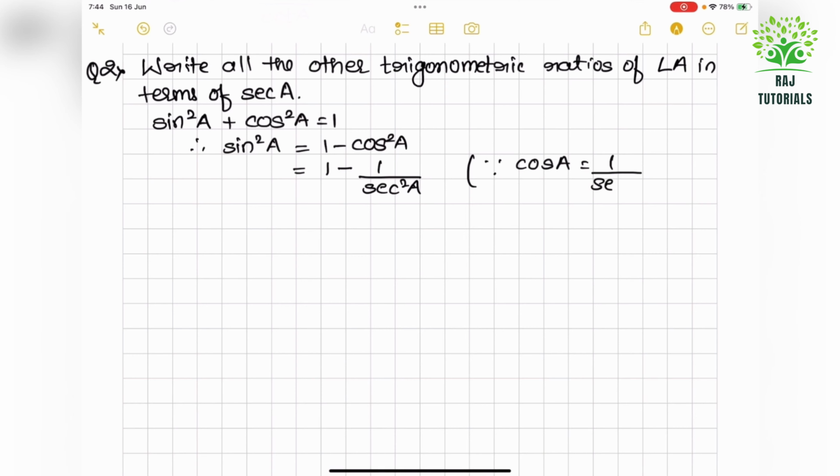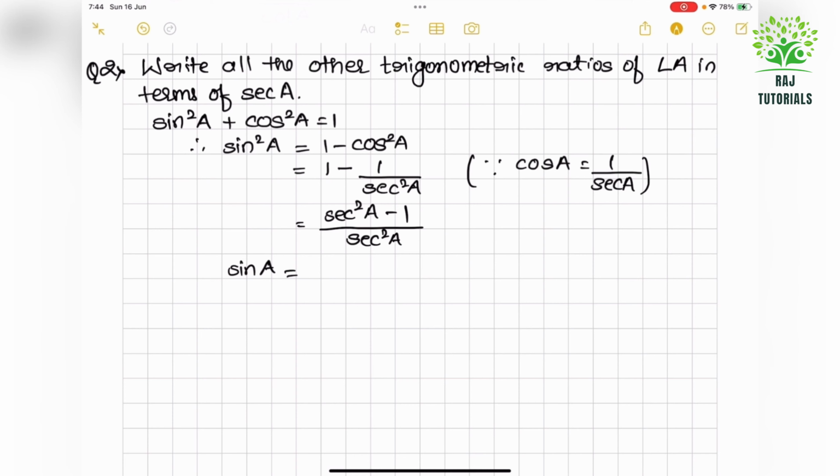So if I do LCM, see here I have used cos A equal to 1 upon sec A formula. Now if I do LCM, I can say sec square A minus 1.